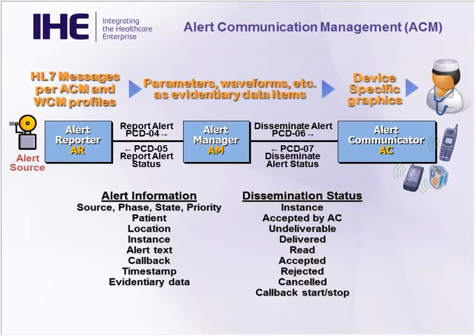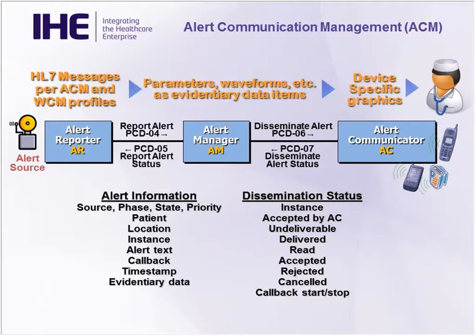We have reporters. That's the device or its gateway that produces the alert. It then goes to a manager. The manager is responsible for synthesizing the alert text message that will go to the individual, and also for identifying the mapping of that particular alert to who is to receive it on what kind of device.